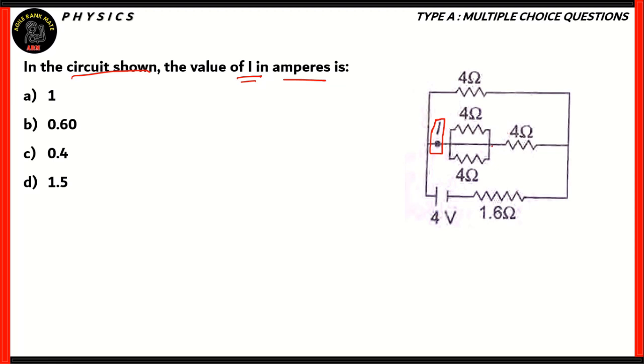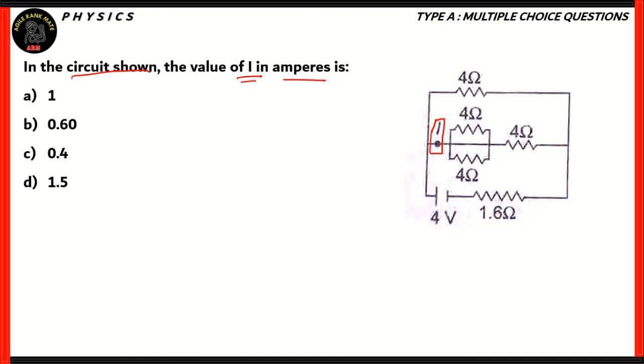Now, in order to do this particular question, you need to find out the net resistance, divide that with the given potential difference to find the net current, and then split it as per the arrangement of the resistors.